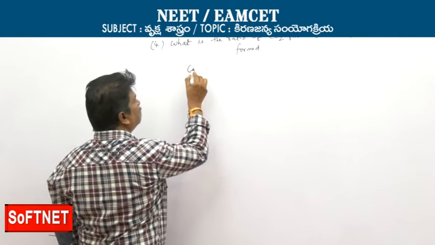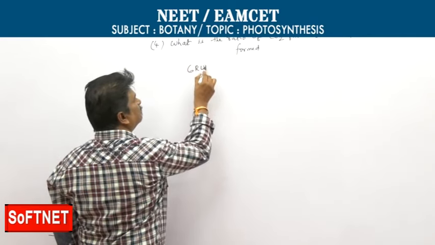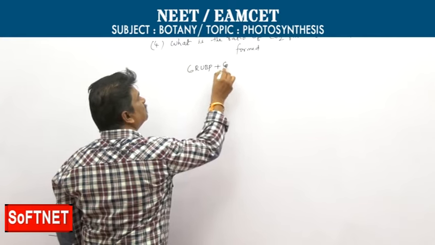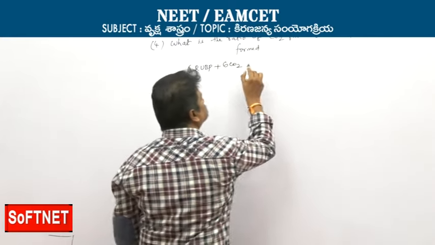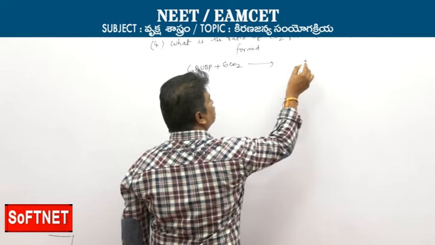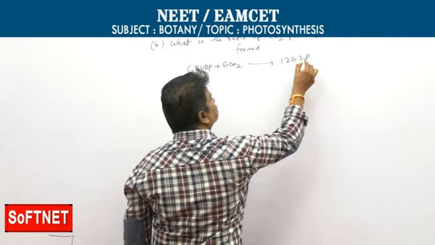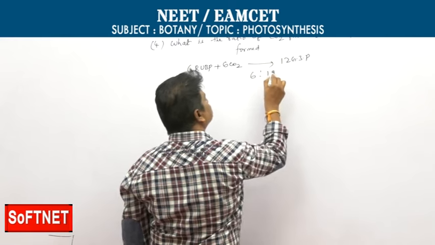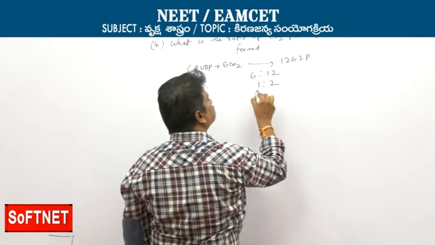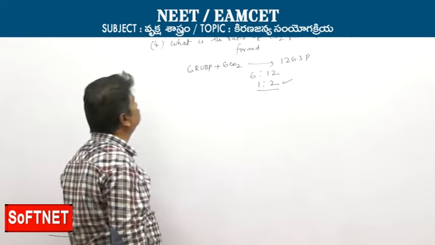Generally, 6 RuBP fix 6 carbon dioxide, then forms 12 PGA, DPGA and 12 G3P. So, answer is 6 is to 12, means 1 is to 2.